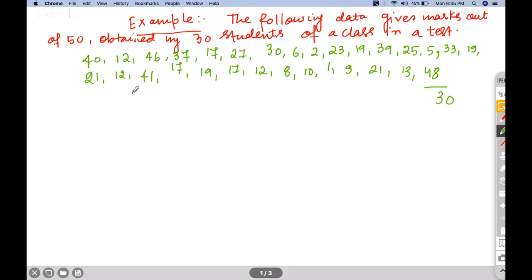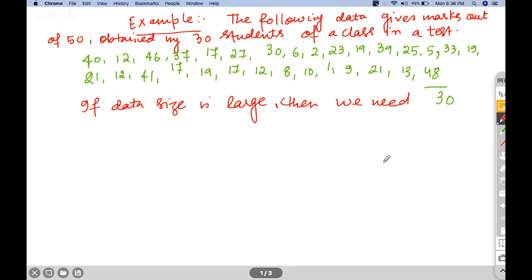So what happens if the number of data is large, or if data size is large? Then we need to make class intervals.